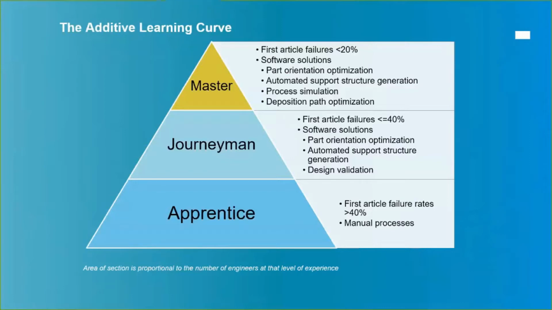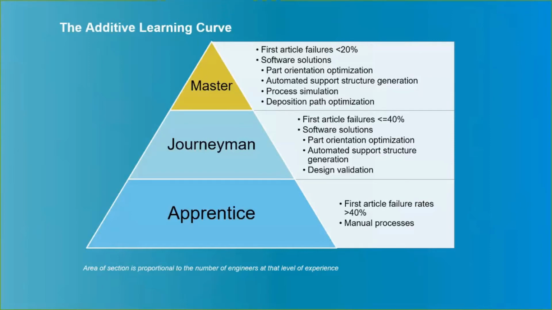So the question is, how will your company move up the additive learning curve? Are you going to climb the mountain the hard way by investing large amounts of time and money to acquire knowledge organically? Or will you invest smartly in software tools to aid in that process and protect against those hidden costs we talked about, like expert brain drain?